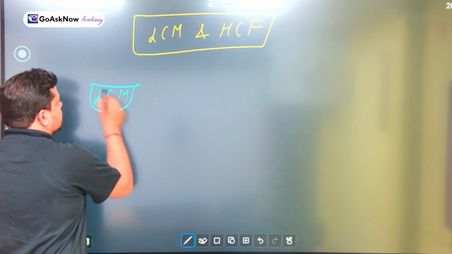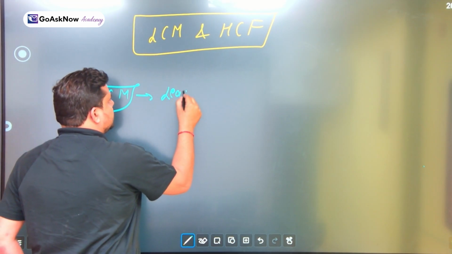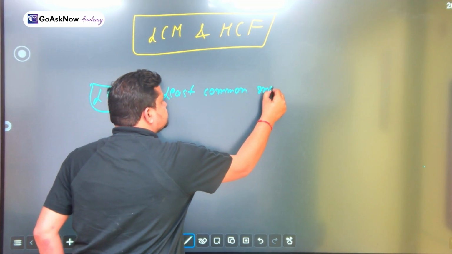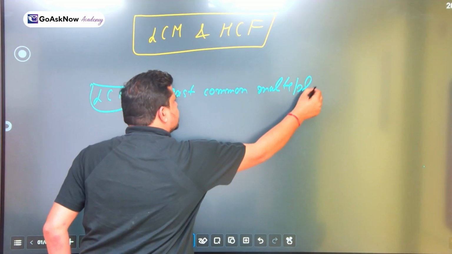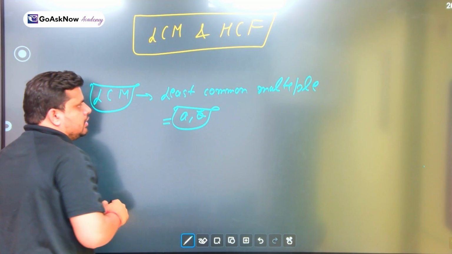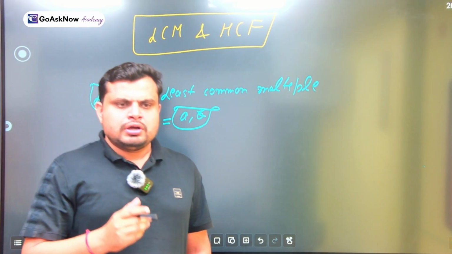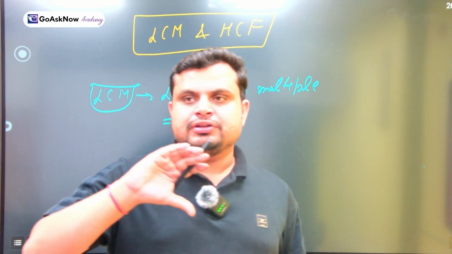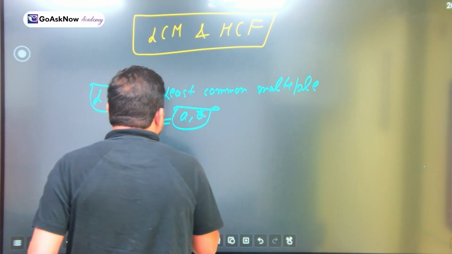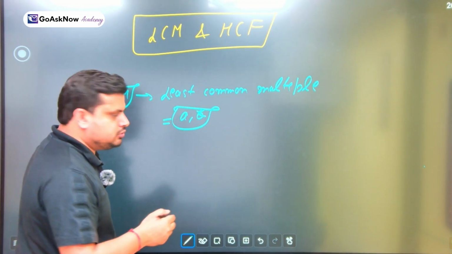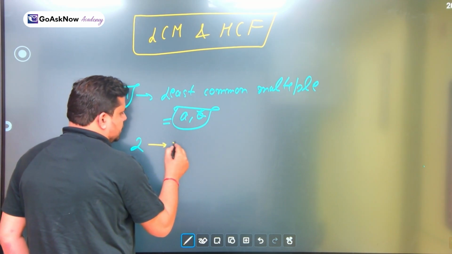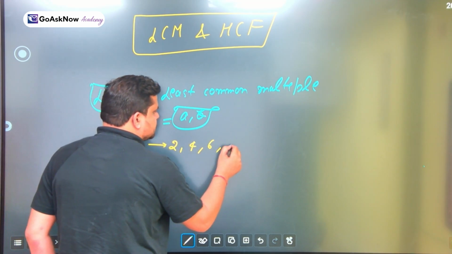Let's revise something. What is LCM? Least common multiple. Let us say we have two numbers A and B. The numbers which come in the table of A and B, or numbers which get divided by A and B. Suppose 2, the multiples of 2 are 2, 4, 6, 8.